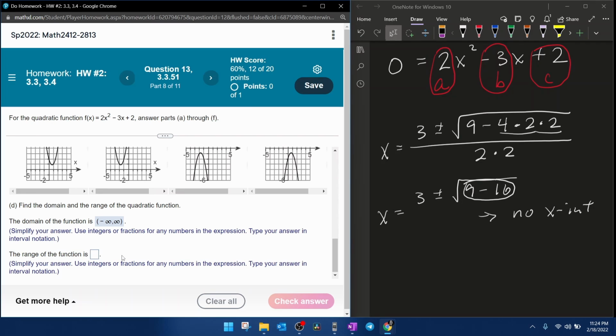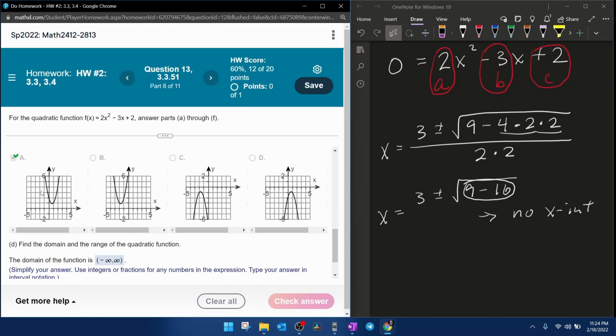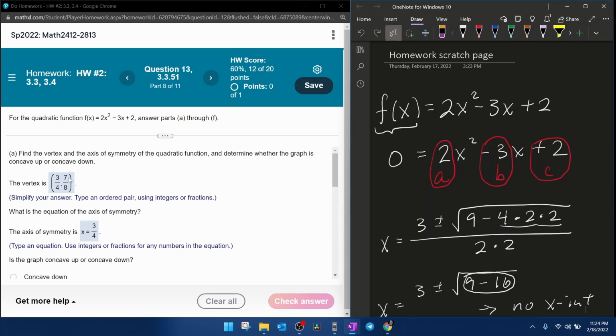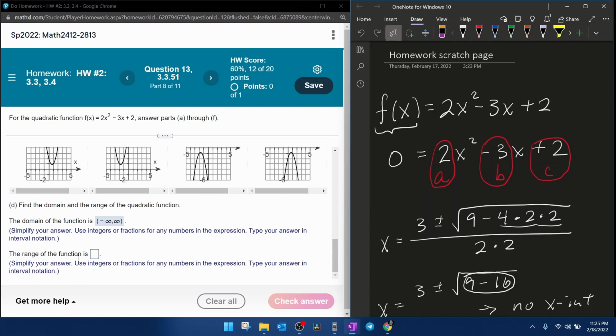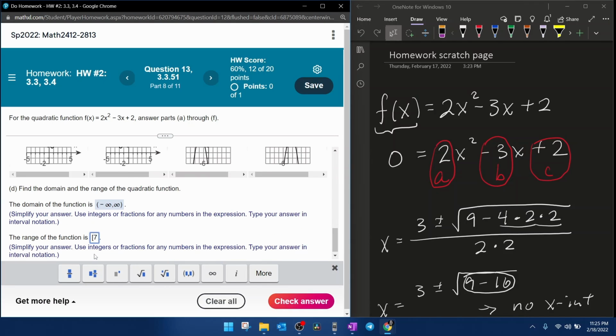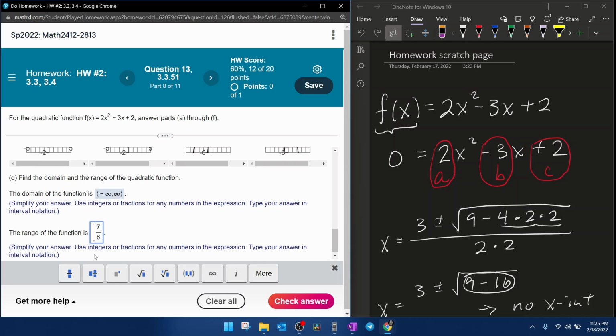And the range from bottom to top, if we go back to the graph that was correct, we know that the lowest point on the graph was the y-coordinate of the vertex, and the y-coordinate of the vertex was 7/8. So the range is going to be from 7/8 to infinity, and the 7/8 is included, so it needs to have a bracket.